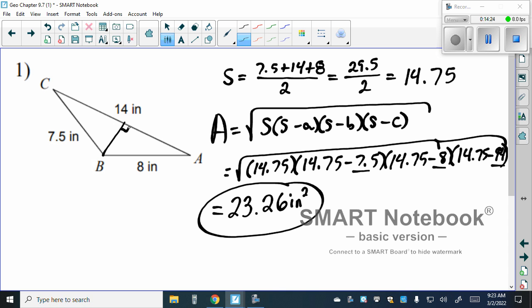Which can be tricky, especially if we don't know the angles. In a real life situation, getting that exact height isn't always easily done. But here, as long as I know the side lengths, we can find it. Questions on this one here?